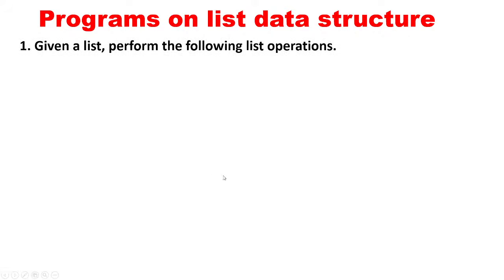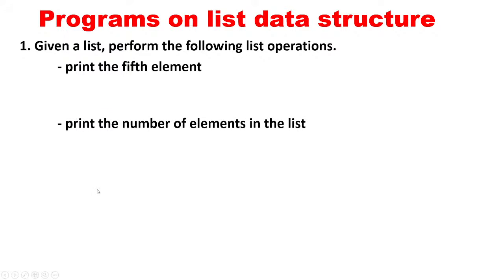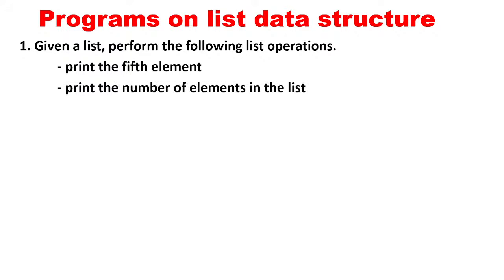Given a list, perform the following list operations. What are those operations? Print the fifth element, then print the number of elements in the list, then check whether the list is empty or not.